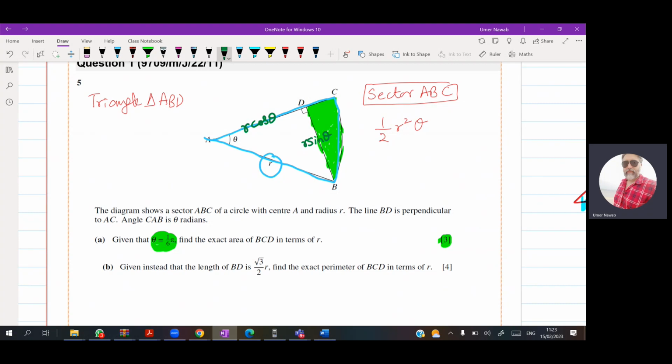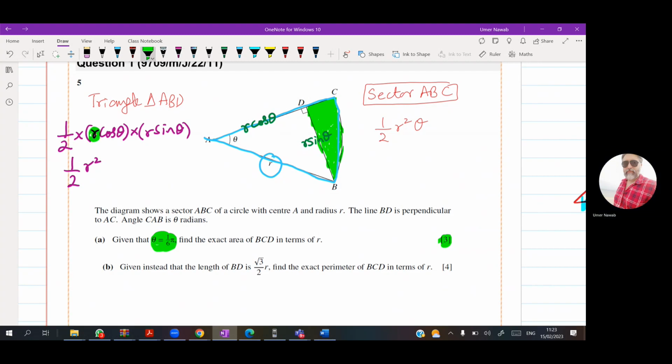Now I want to find the area of the triangle. I'll use half times base times height. Base is R cosine of theta, and height is R sine of theta. My formula is half R squared sine theta cosine theta, because R times R is R squared.